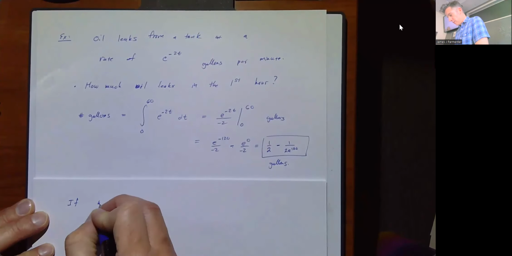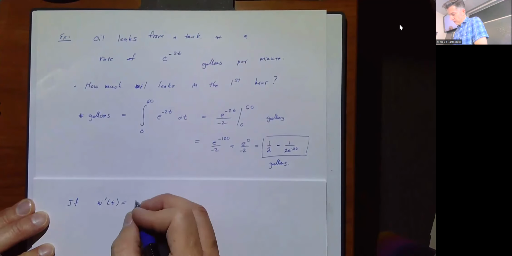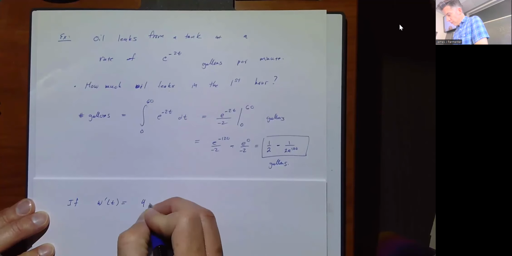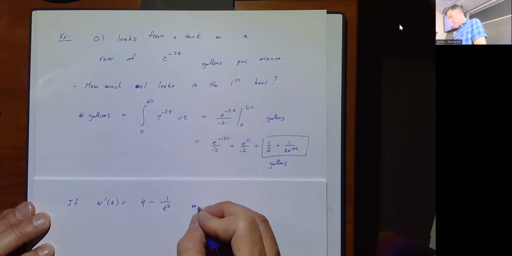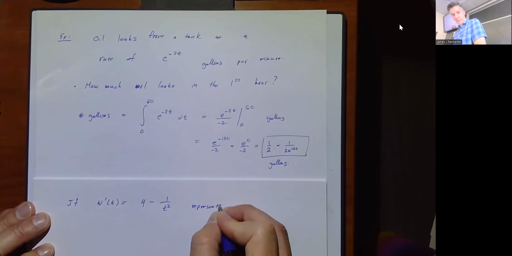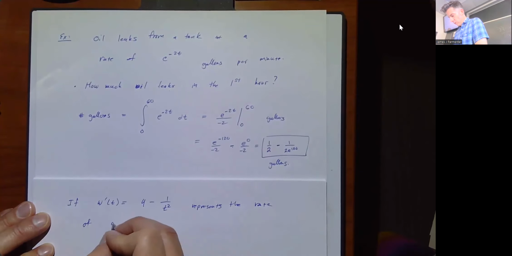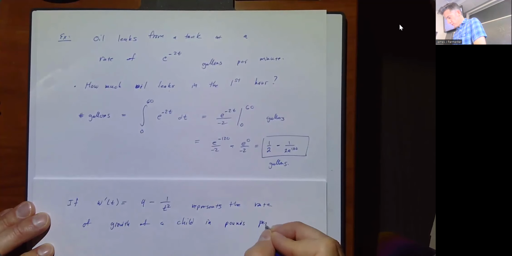Another example of this would be something like, never enough room. If W prime of t equals, I don't know, let's say something like 4 minus 1 over t squared, represents the rate of growth in weight of a child in pounds per year.